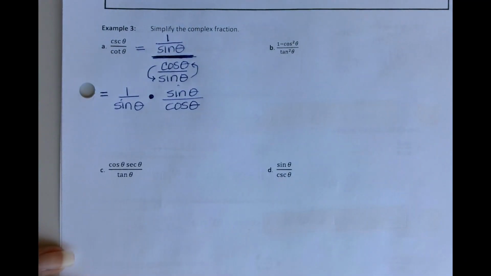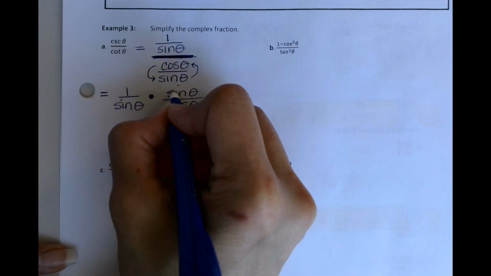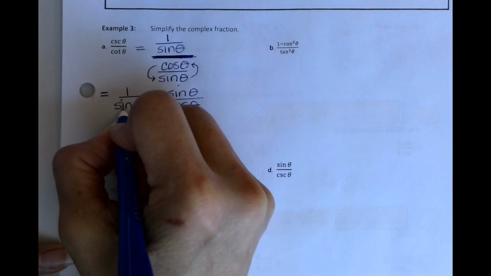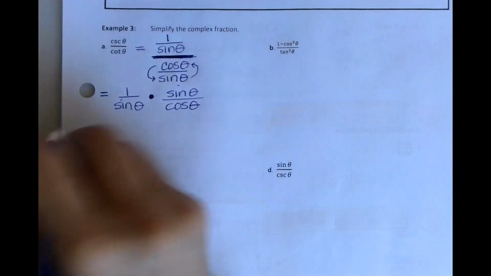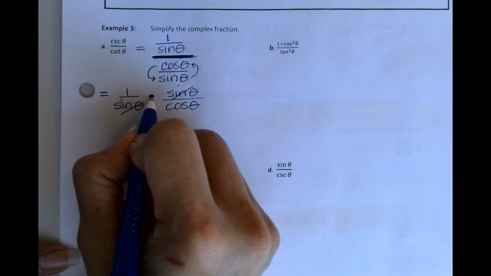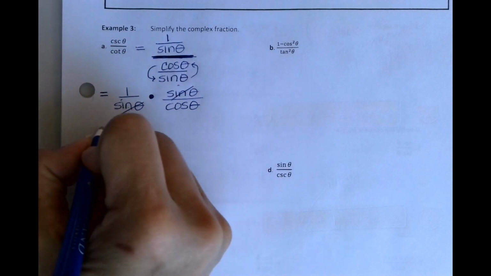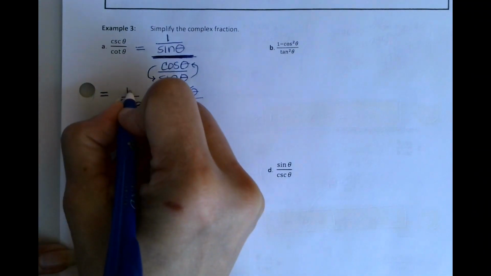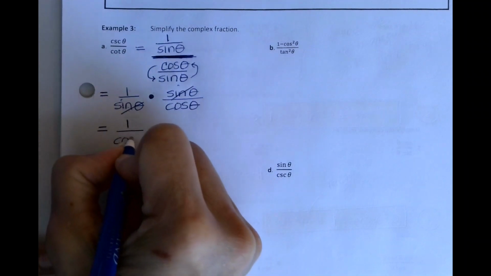And now once you've done that, you will see that in this scenario you have a numerator and a denominator value that are identical over multiplication. Therefore, it allows us to cancel. You can only cancel over multiplication. If this was a plus sign, no way, you can't do that. So we're left with a 1. We're left with a cosine in the denominator.